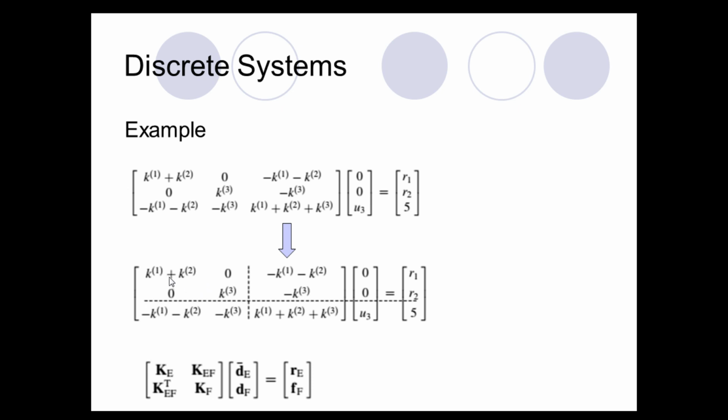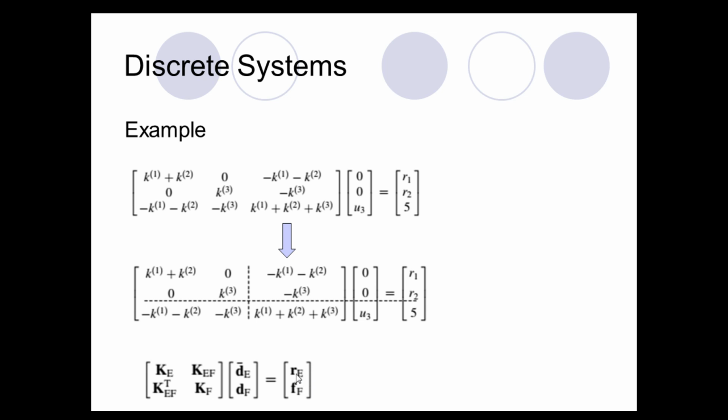So it is K1 plus K2, it is 0, 0 and K3. Now we have the Kef, it is minus K1 minus K2 and minus K3 in the second row, and we have the transpose of it on the other side. Look, again the global stiffness matrix is symmetric.